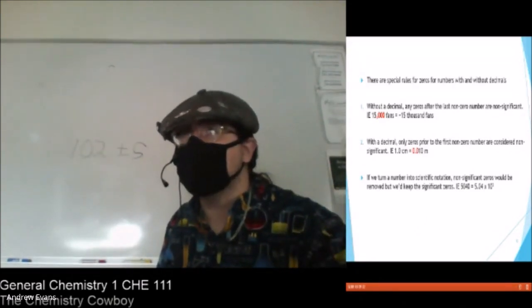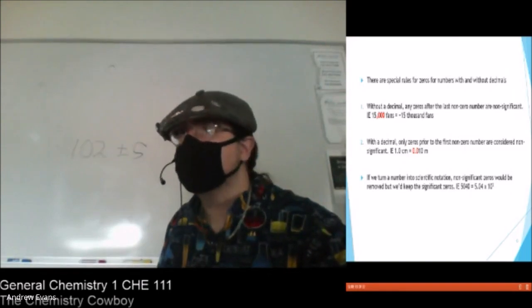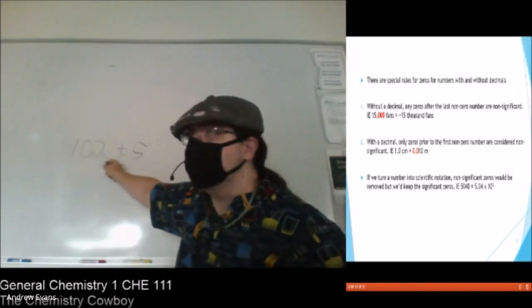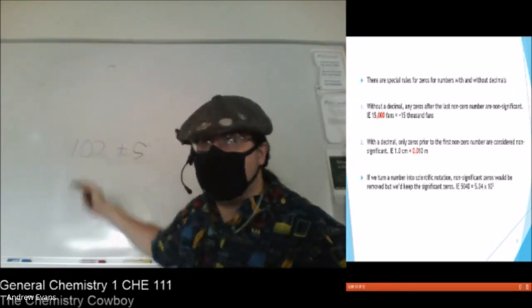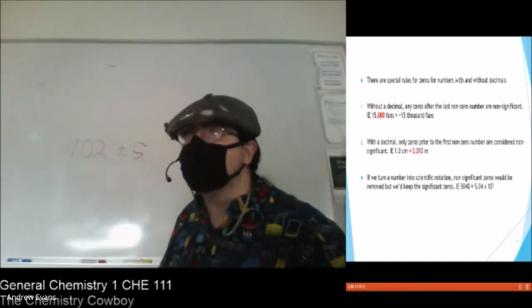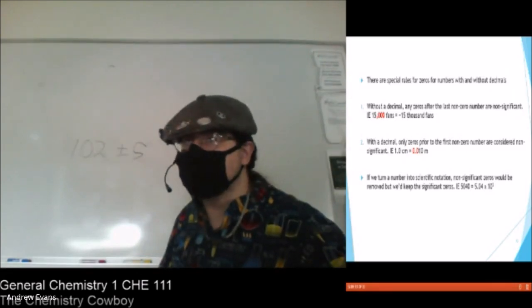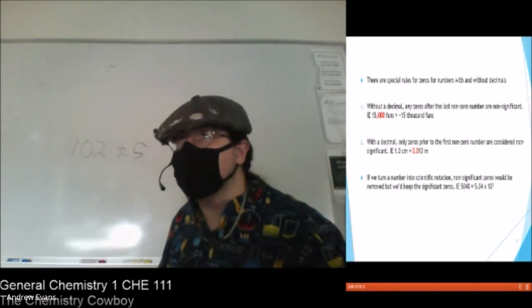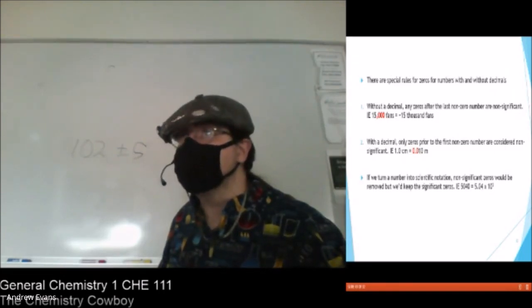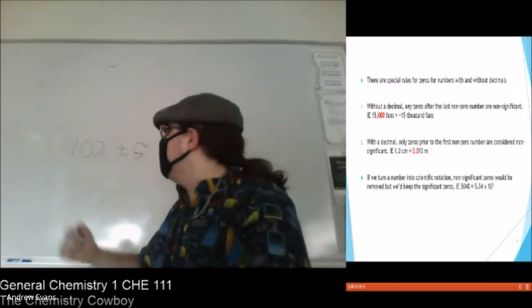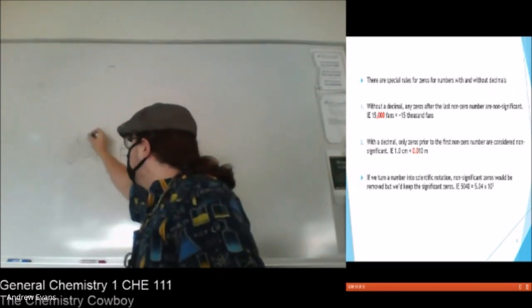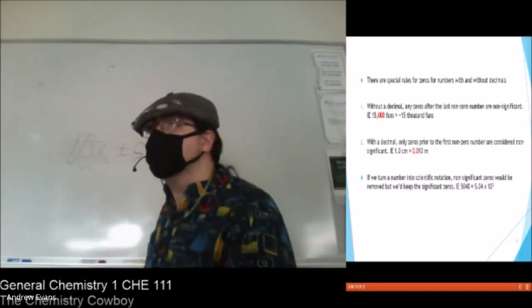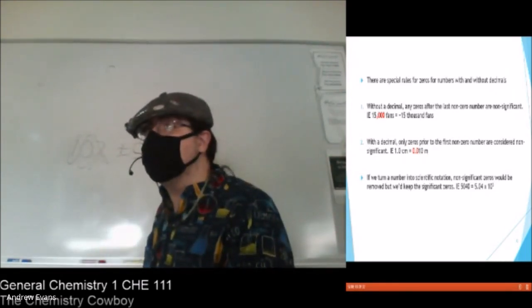Well, we can't say we have 102 because the uncertainty is far greater than the 2. Plus or minus 5, I could have 107. I could have 97. Either of those numbers are equally likely. So when it comes to certainty, I know this digit and I know this digit, but I do not know that digit. That digit is a big question mark for me.